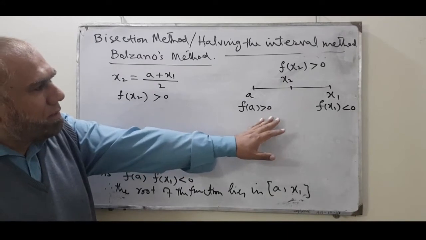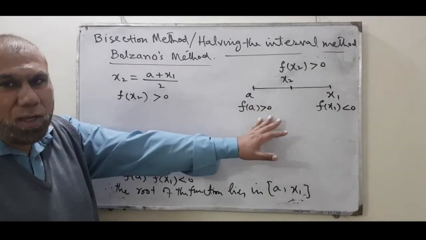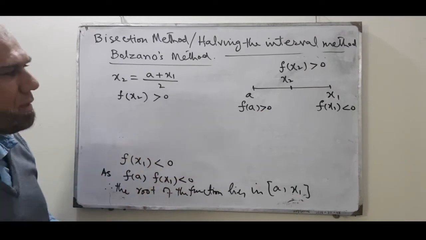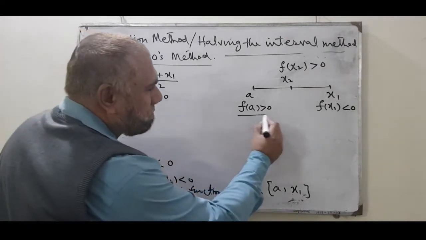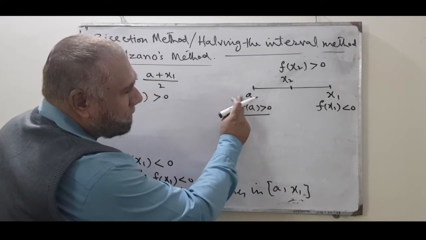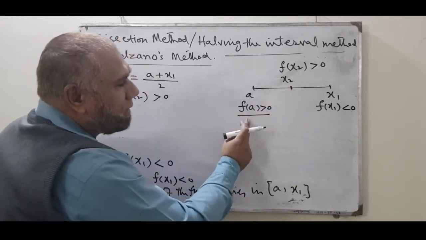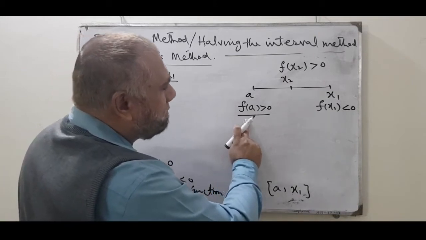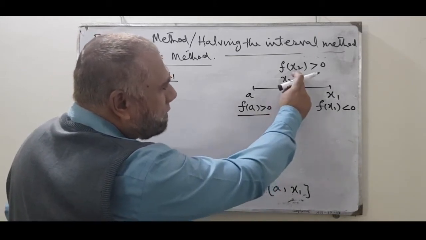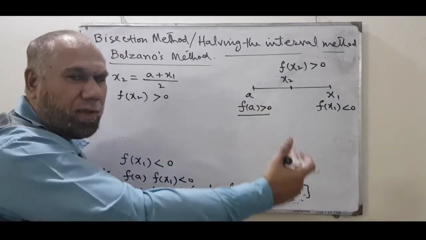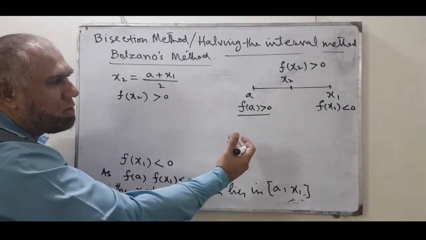How do we decide which part of the interval we have to keep and which we have to drop? We have to fulfill the same condition here. If we work with the first part of the interval from a to x2, both the function's value at the left-hand point a and at the right-hand point x2 have the same sign. So this is the way through which we can decide which part to drop.